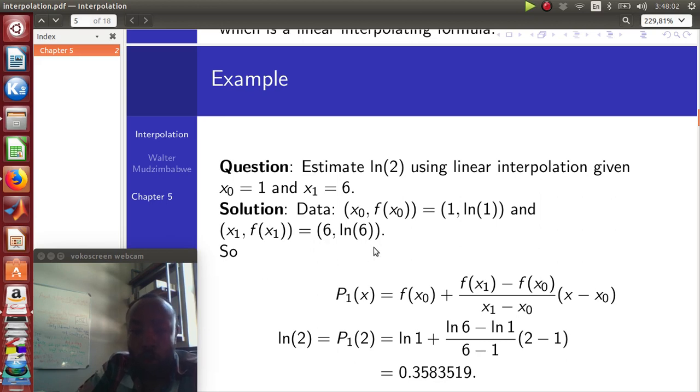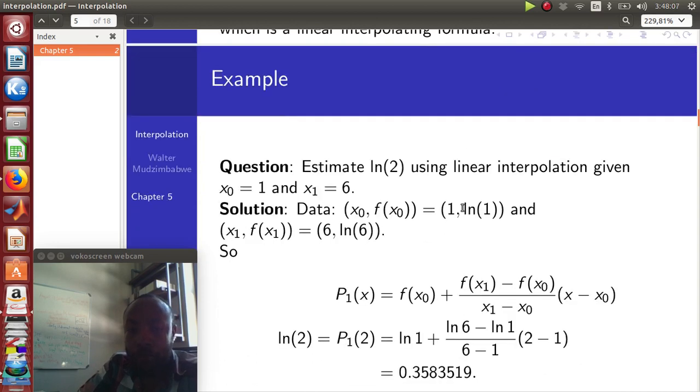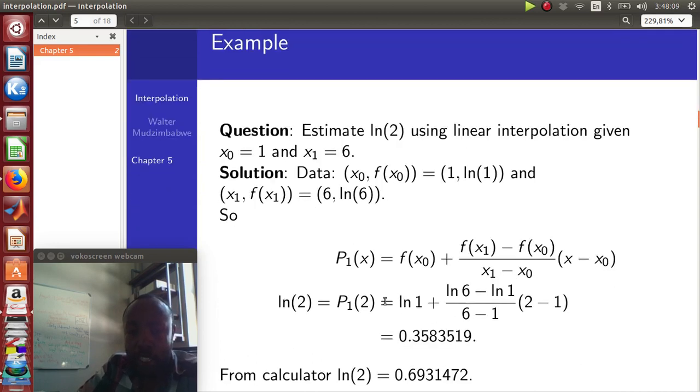Using the formula that we have found here, log 2 would be p at 2, which is the first y value that we have, log 1, plus this term with the second y value, log 6. We are finding it at x equal to 2, x naught is 1. Simplify that, and this is what you get.